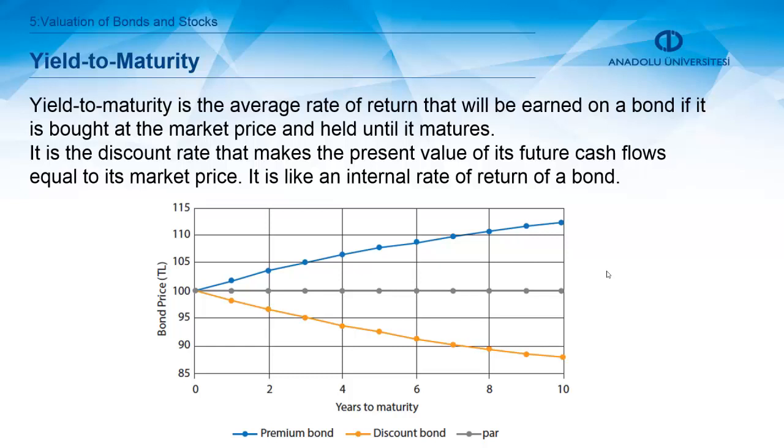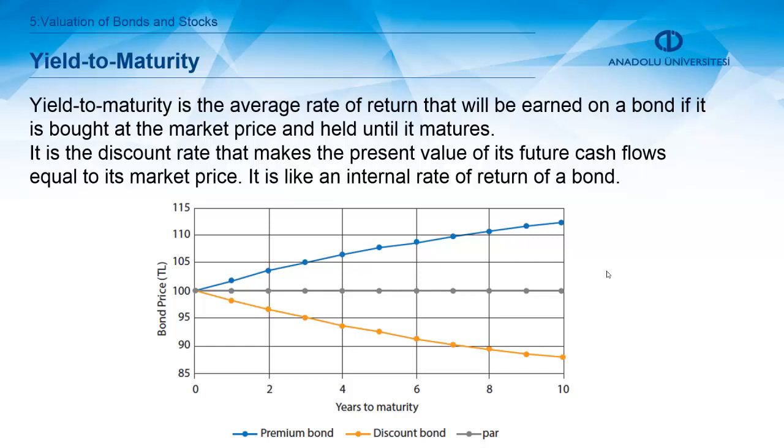And in this figure we see that the price of a bond gets higher and higher if it is a premium bond, when years to maturity gets higher, it means when the maturity is longer, so the price of a bond gets higher.